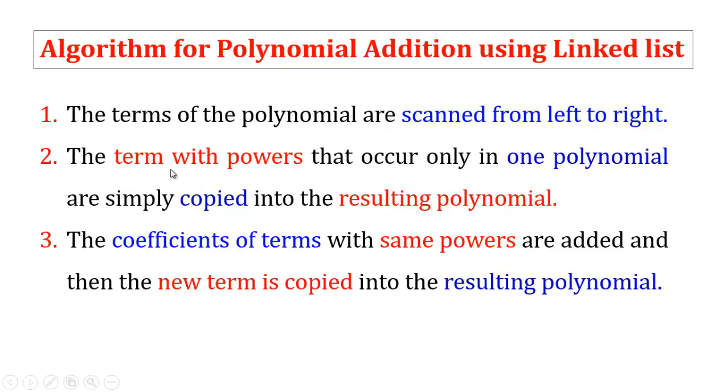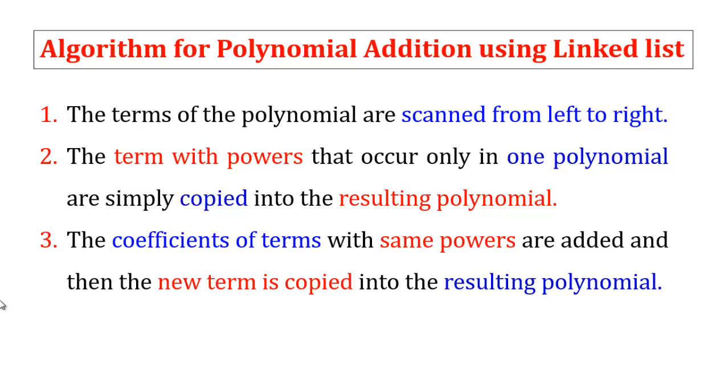When you compare two polynomials, if x power 5 is compared with x power 2, x power 5 should be copied into the resultant polynomial. That is the meaning of the second point. Third, the coefficients of terms with the same power are added, and the new term is copied into the resulting polynomial. If both powers, that is the exponents, are similar, we add the two polynomial terms and store the result in the resultant polynomial. So this is the algorithm.